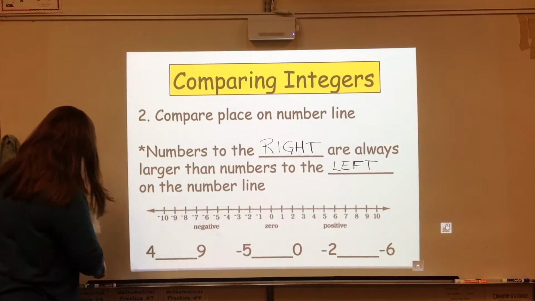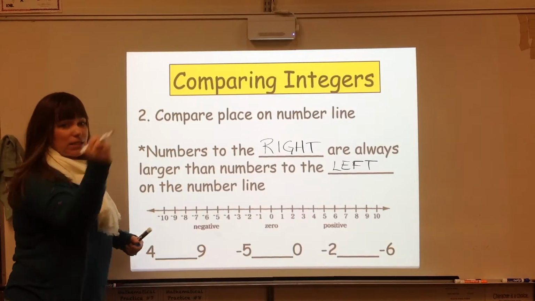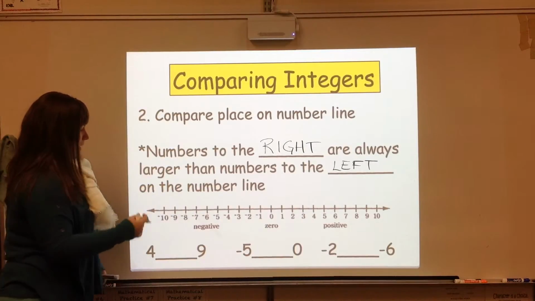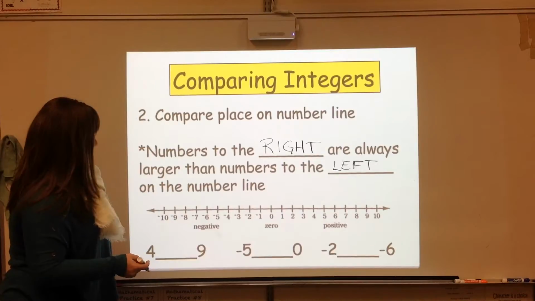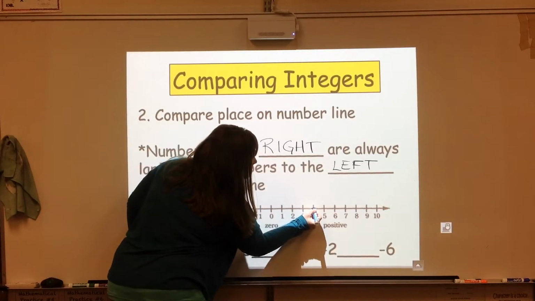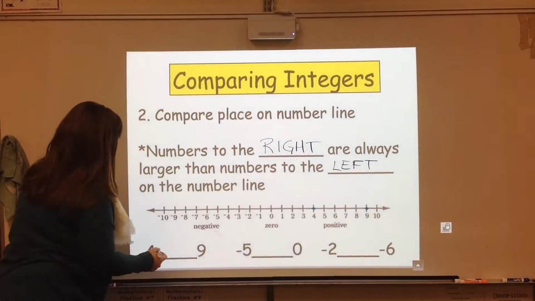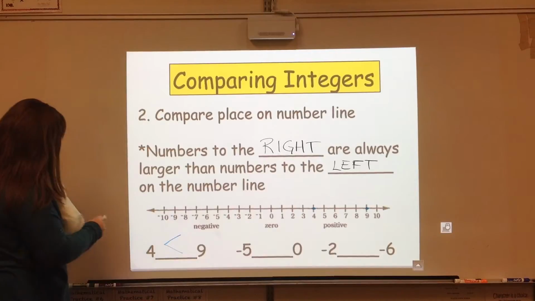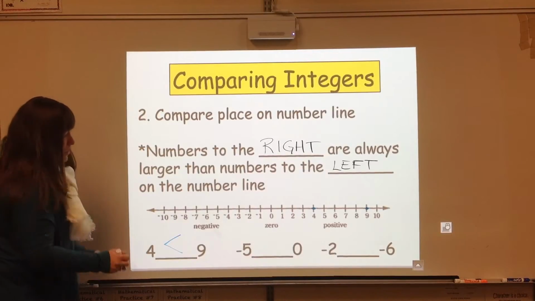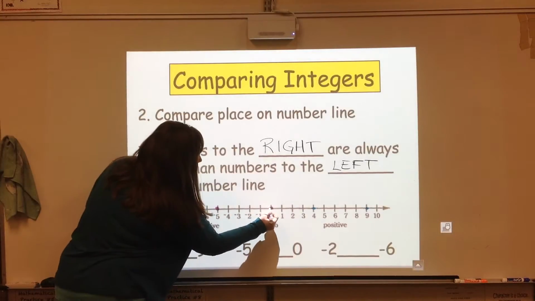So let's do these examples. We're actually going to use the number line and place the numbers on the number line, or graph them like we did in lesson 1. So 4 and 9, we have 4 and 9. 9 is farther to the right, therefore that is the bigger number. Obviously with 2 positive numbers it's a little bit easier. Let's do negative 5 and 0.